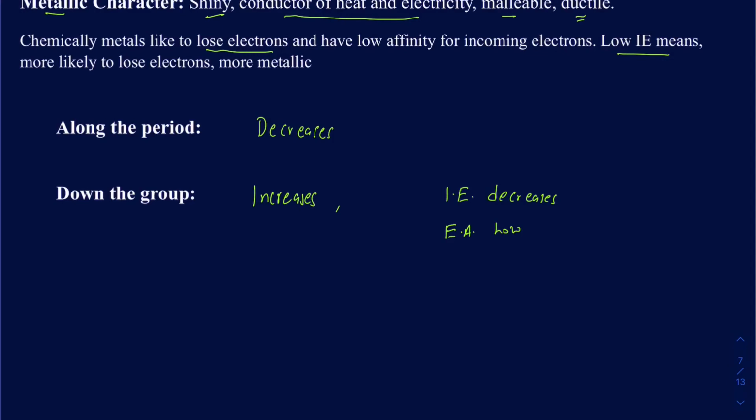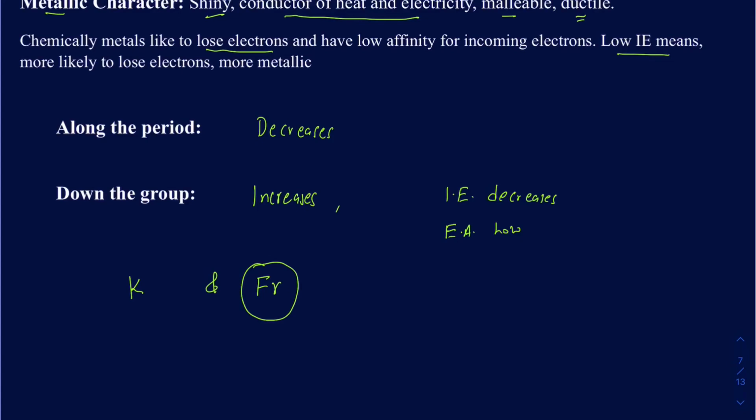So sometimes they may just ask you, I got two metals here, one is potassium and the other one is francium, which is going to be more metallic in nature? Well, francium is way down in the first group compared to potassium, so francium is going to have low ionization energy. It's going to be very easy to lose an electron when it comes to francium than potassium. So francium would indeed be more metallic in character.